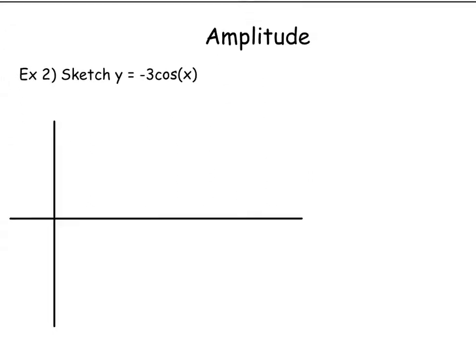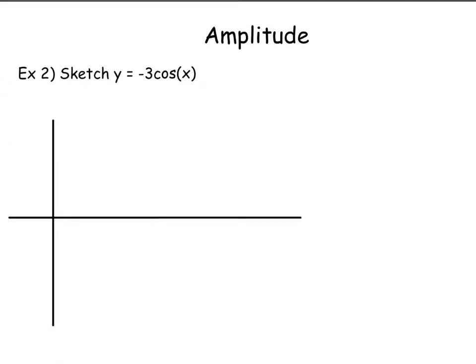Okay, here's another one. We're going to do cosine, except this one has a negative value. Okay, we'll get to that. Let's start to kind of set up our scales here. Now, we haven't really addressed the negative thing, but you probably get the sense that we need to go up to 3, we need to go down to -3.